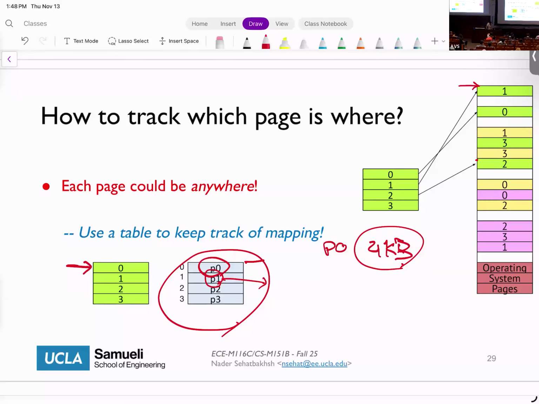Then I have P2 that points to the beginning of this page, and I have P3 that points to the beginning of this page. And if I have multiple programs, I have multiple page tables. Each one, per number of pages, stores the beginning of each address. Okay? So that's the idea of what we call a page table.